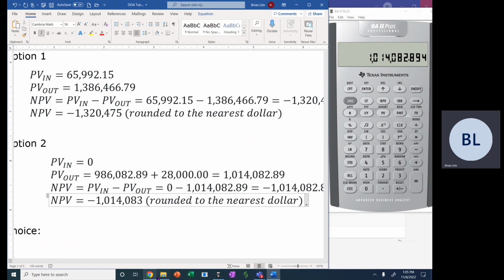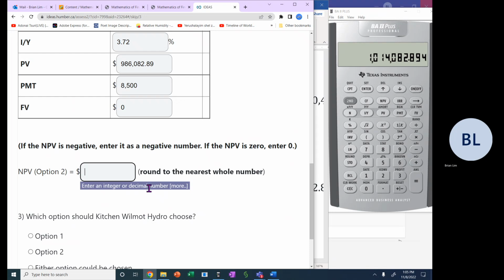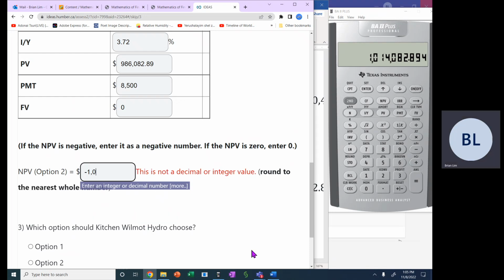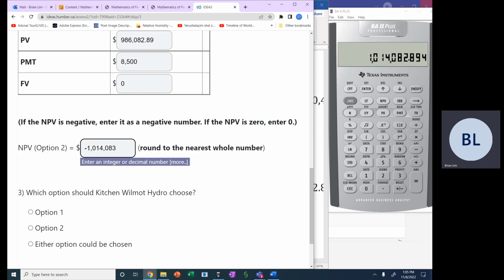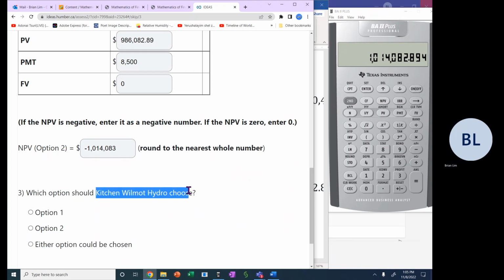So that is the number we will insert for our option number 2. It is negative, and it is 1,014,082.89, rounded to the nearest whole number. All right, which option should Kitchen Wilmot Hydro choose?